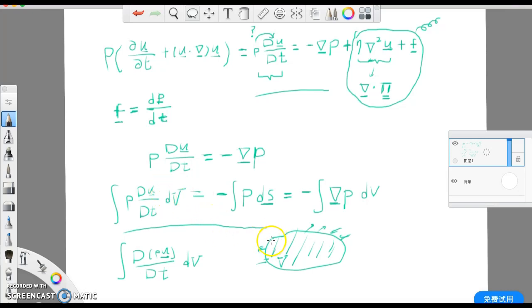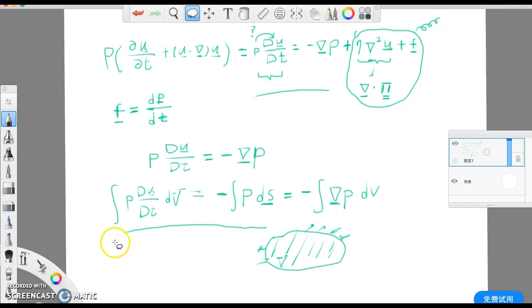If rho is changing, the same amount of fluid will expand if rho is decreasing, or if rho is increasing, it will contract. So we're investigating this amount of fluid. So what actually is the most general case?